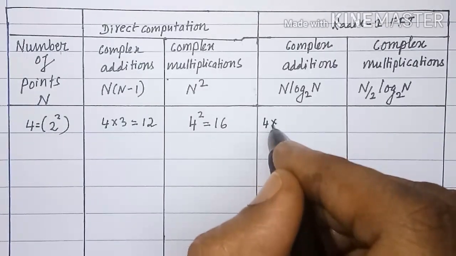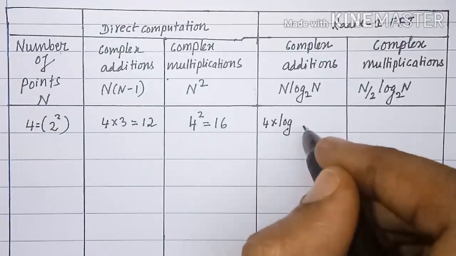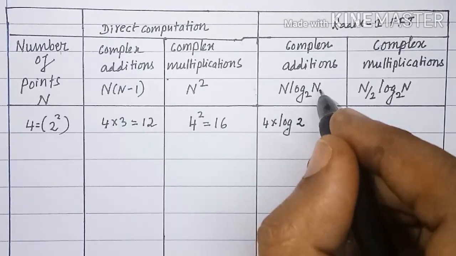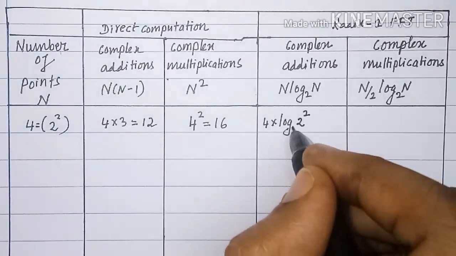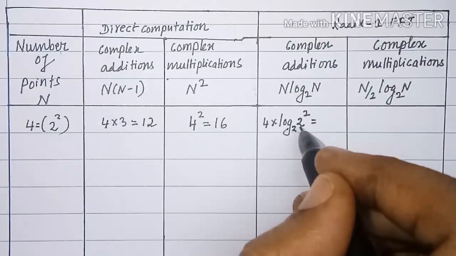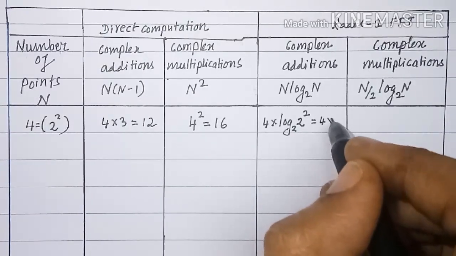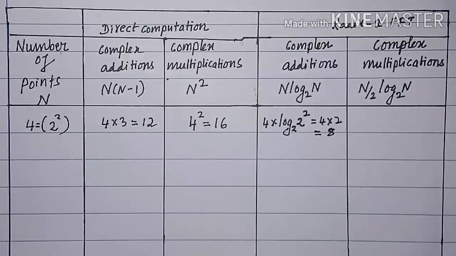That will be 4 into log of 4, which may be written as 2 square to the base 2. Log 2 square to the base 2 is 2. So 4 into 2, we get 8.